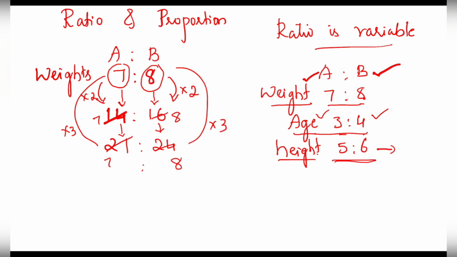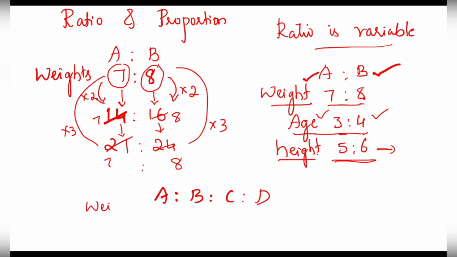Now let us see what is proportion. One more thing, it is not necessary that ratio is always between two elements. It can be between more than two elements also. For example, A is to B is to C is to D, any number it can be. But if I am comparing all the 4 persons, it should be of same kind.